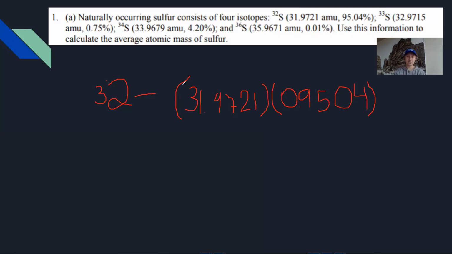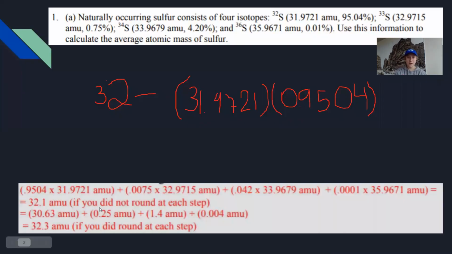You can get the average atomic mass, so 0.9504 times the 31.9721, and then you add them all up. And I'm pretty sure that equals like 58.962 AMU, but I can't remember.